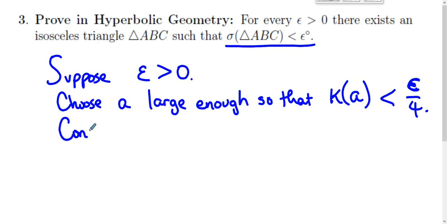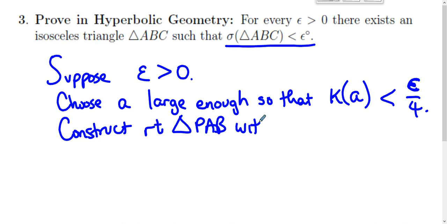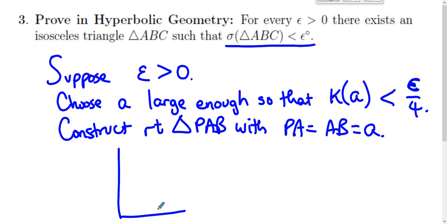So now we construct a right triangle PAB with PA equal to AB equal to little a. Here's an a, here's an a.